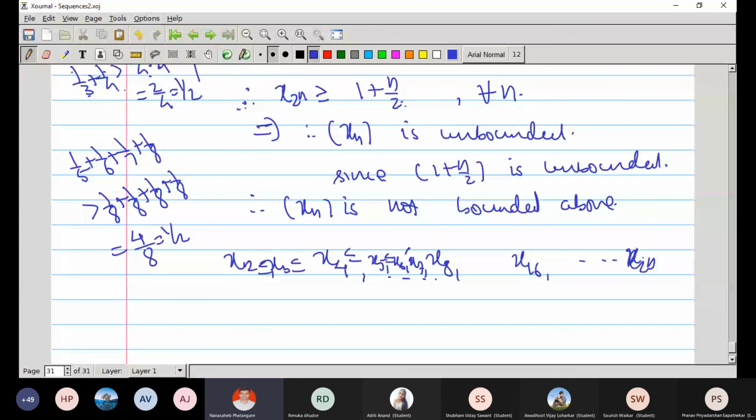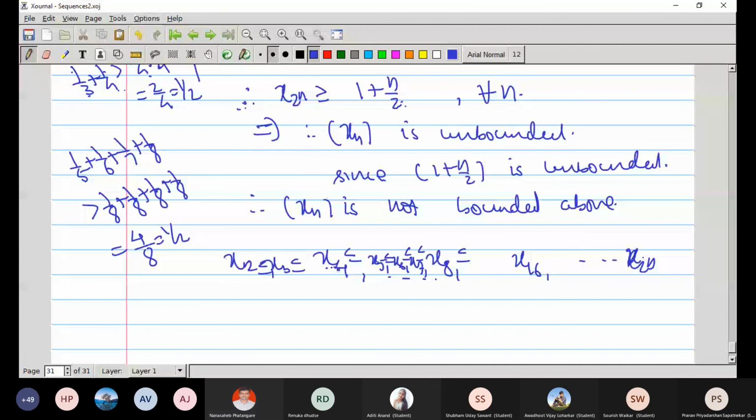We have already verified that the sequence is increasing, and therefore x4 is greater than or equal to x5, and if x4 is larger, then x5 is certainly larger. And therefore we are not worried about the in-between terms. If the x2 raised to n terms are unbounded, certainly all terms are unbounded, which means the entire sequence is unbounded.